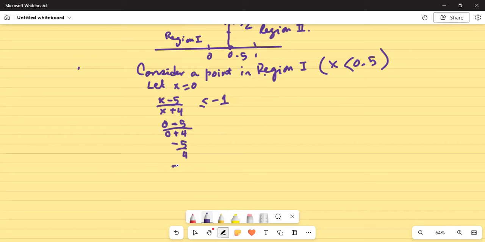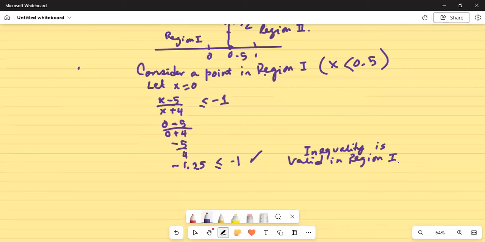And minus 5 divided by 4 is minus 1.25, which is definitely less than or equal to minus 1. So checks out. Okay. So the inequality is valid in region 1.